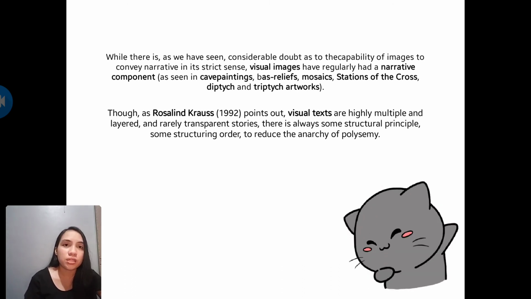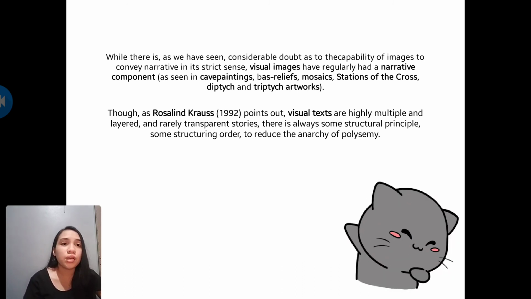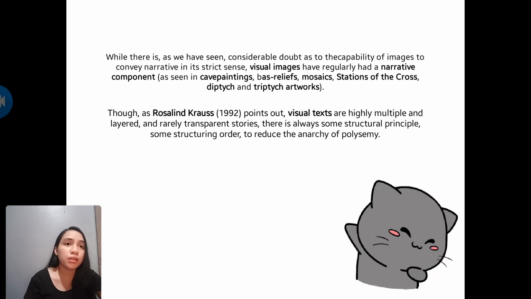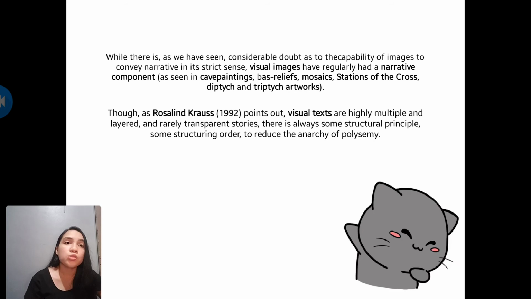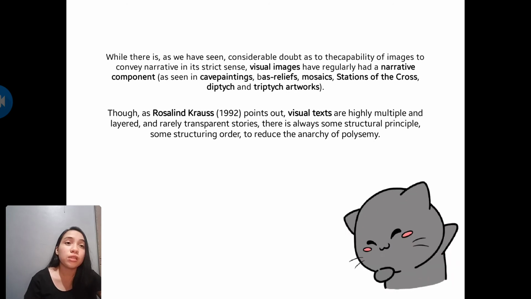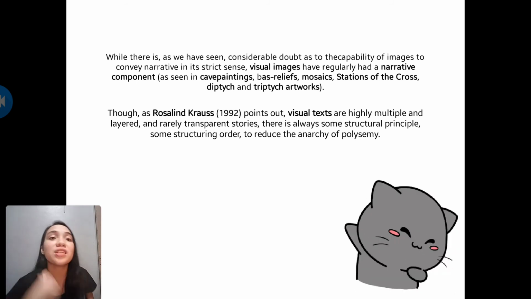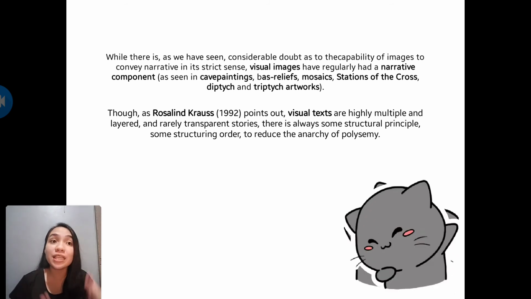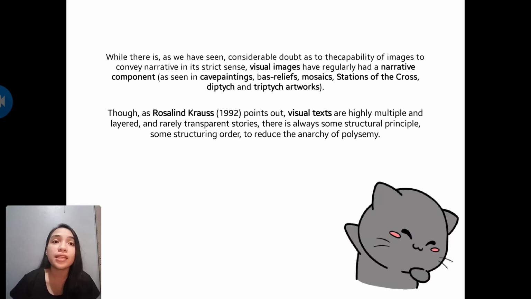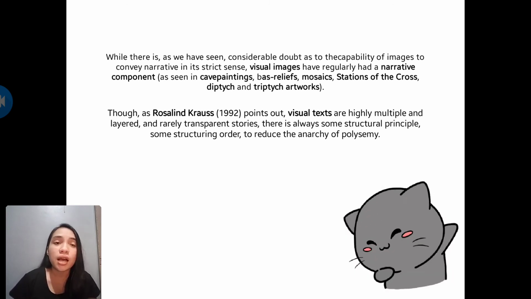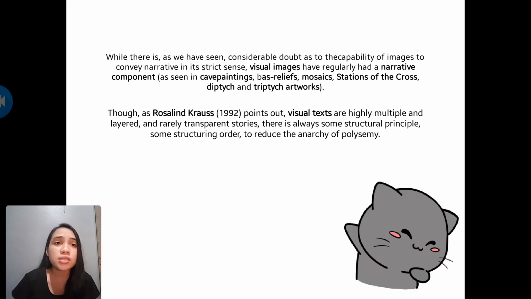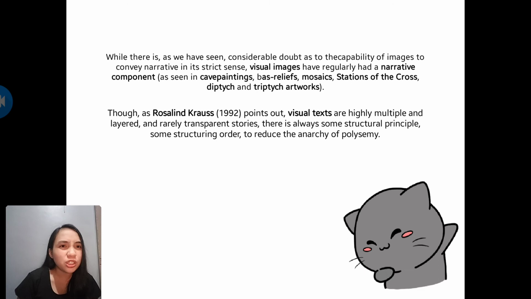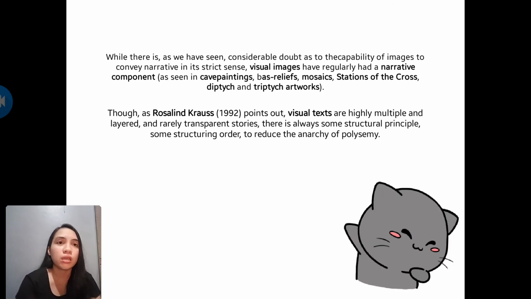So while there is, as we have seen, considerable doubt as to the capability of images to convey narrative in its strict sense, visual images have regularly had a narrative component. So this is true. Visual images have regularly had a narrative component, such as cave paintings, bas reliefs, mosaic Stations of the Cross, diptych, and triptych artworks.